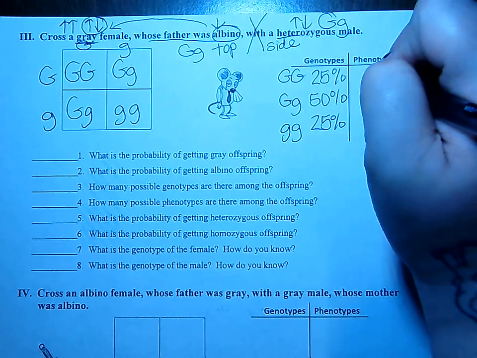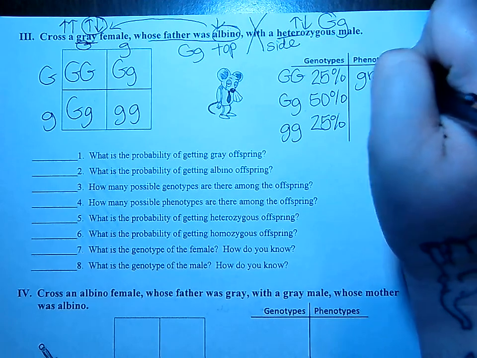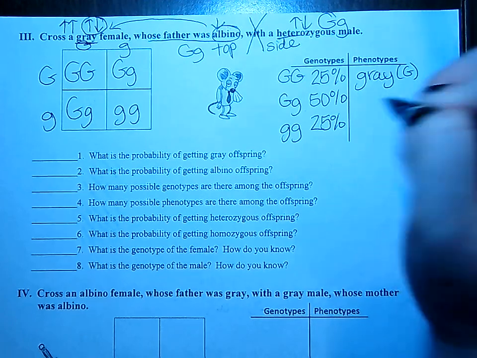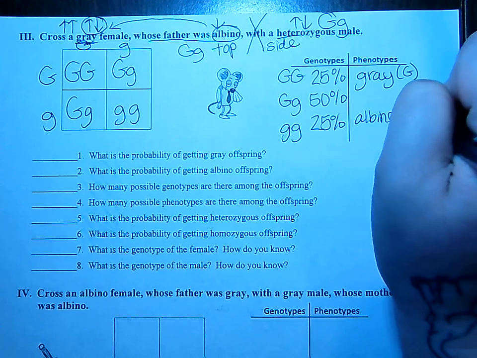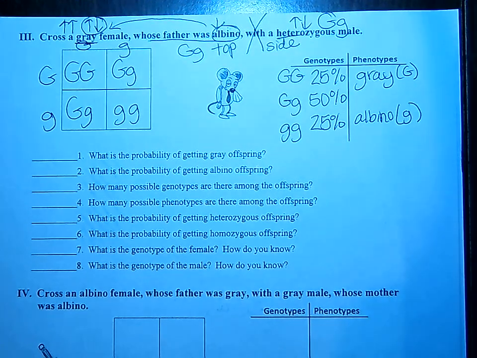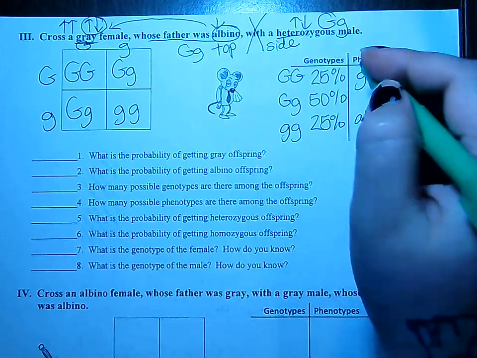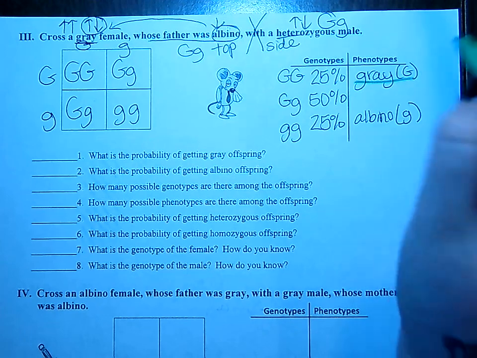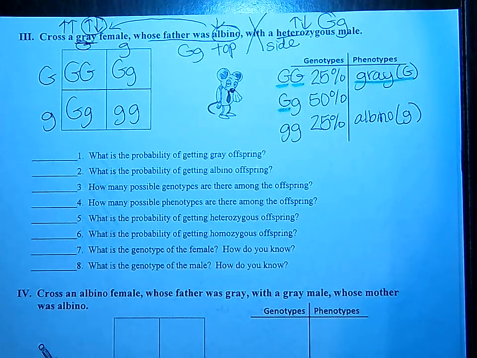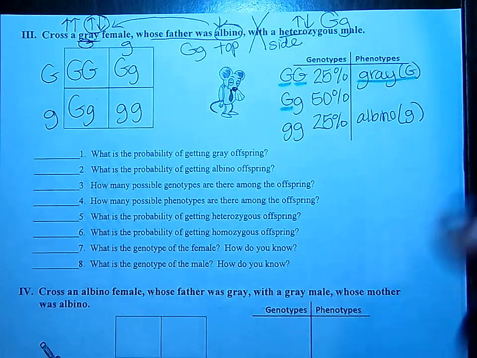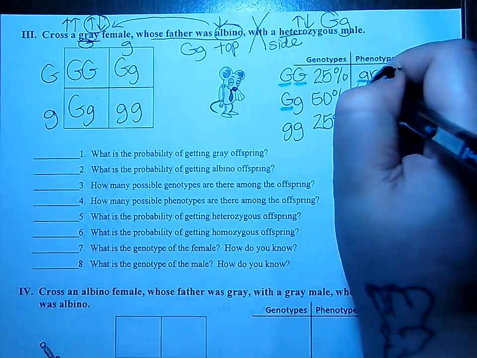Phenotypes. You have gray, remember, is the dominant trait. Albino is the recessive. So we're going to shade in the dominant. Has to have at least one allele that is dominant or capitalized. So 25 plus 50 is 75%.